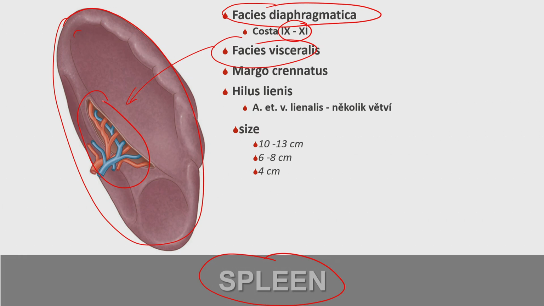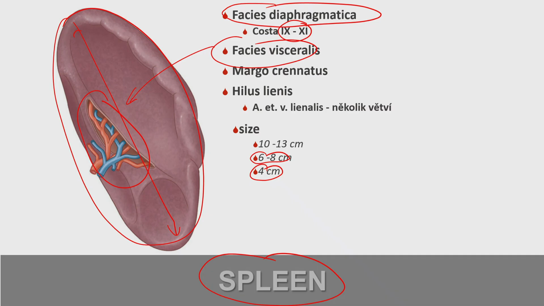Hilus is where vessels, arteries and veins, are entering or leaving. The size of a spleen is about 10 to 13 centimeters in long diameter, and the others are 6 to 8 and 4 centimeters. Important is the length of 13 centimeters. When we have a larger spleen, it's a sign that there is something wrong.